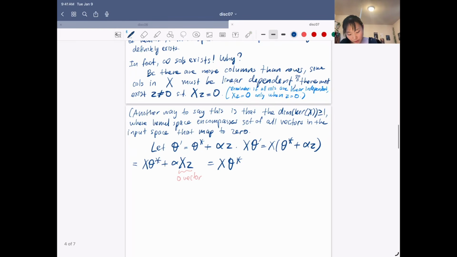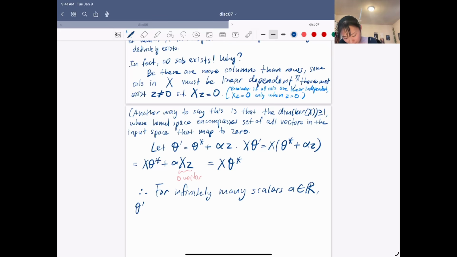So for infinitely many scalars alpha, because we can turn alpha into anything, where alpha is in the real numbers, we have theta prime equal to theta star plus alpha z, and this is also a solution. So there must be infinitely many solutions.